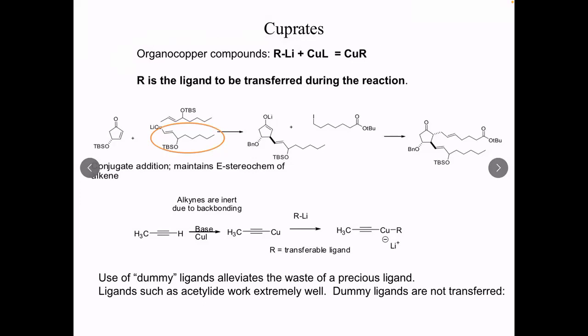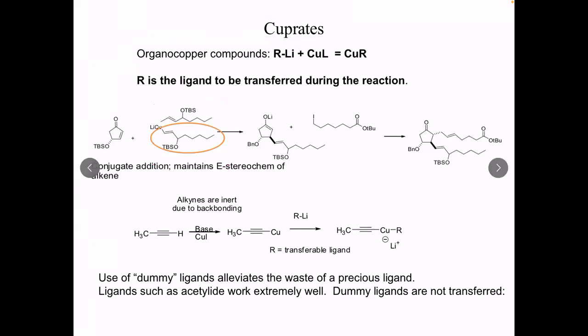So if you take copper and react it with an alkyl lithium, then you can actually build what's called a Gilman reagent or a cuprate from an organolithium plus copper. All right. And so normally the way you build up a cuprate is, you see how there are 2 groups attached here, right?